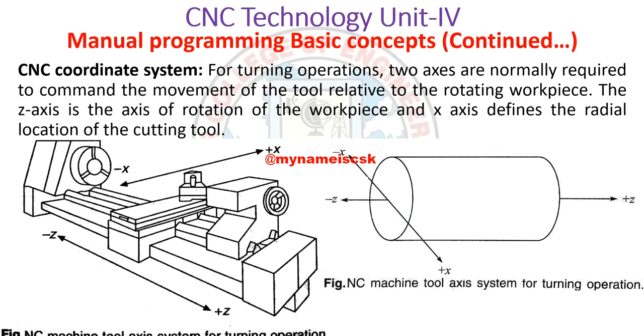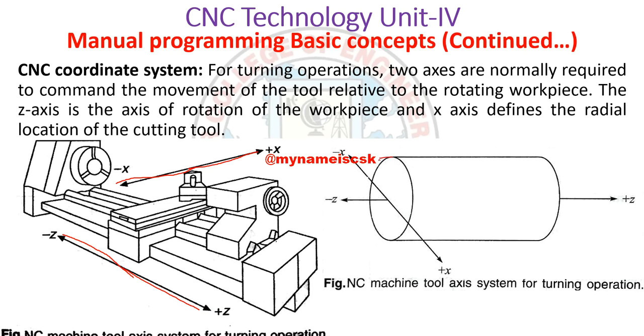Next, for the lathe machine, if you see the CNC turning machine or lathe machine, for the workpiece this direction is positive x and this direction is negative x, and this direction is positive z and this direction is negative z. So this is the machine tool axis system.